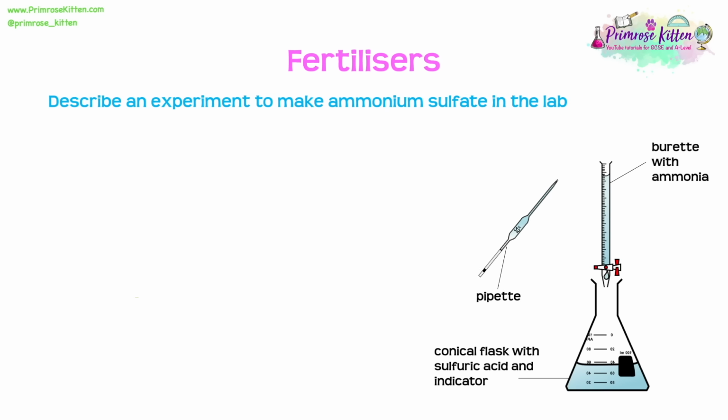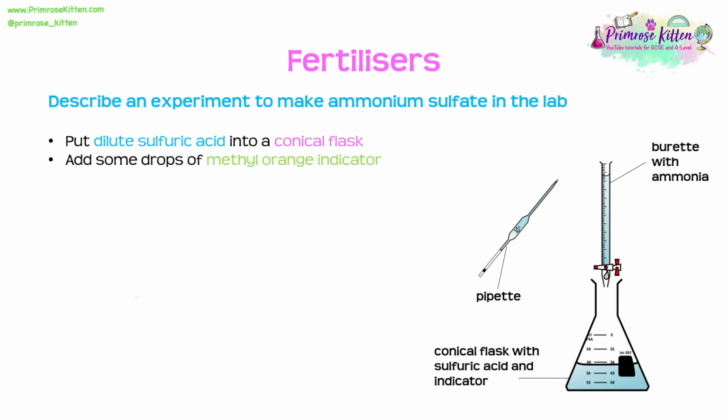We need to be able to describe an experiment to make this ammonium sulfate in the lab. So the first step we're going to take is we're going to put some dilute sulfuric acid into a conical flask. We're then going to add a few drops of methyl orange indicator. We'll then add some dilute ammonia drop by drop using a burette and stir between each drop.